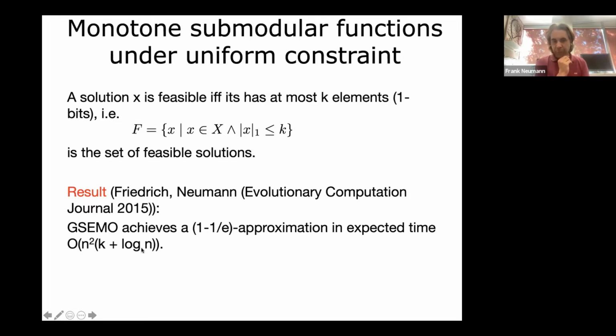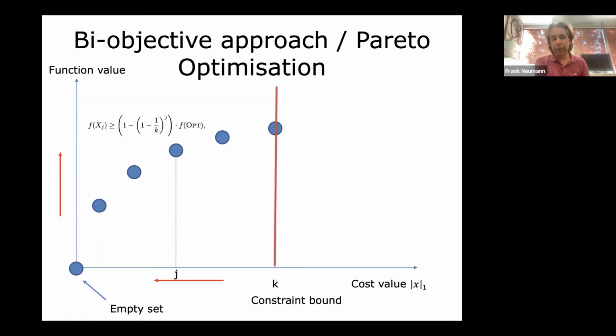It resembles results from the end of the 70s that Nemhauser and colleagues had in terms of a greedy algorithm. And I would like to explain this idea because you will see that in many other papers when you look into the literature.